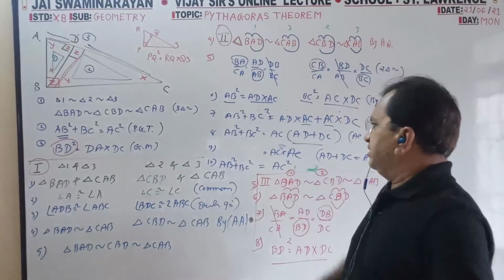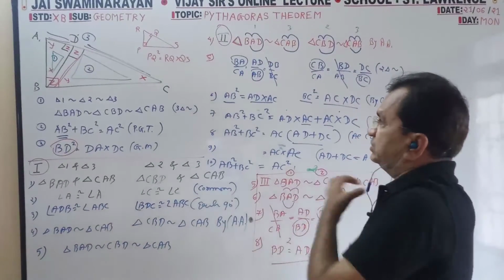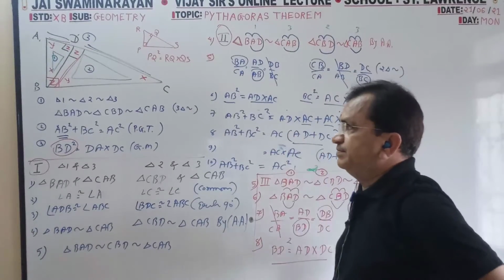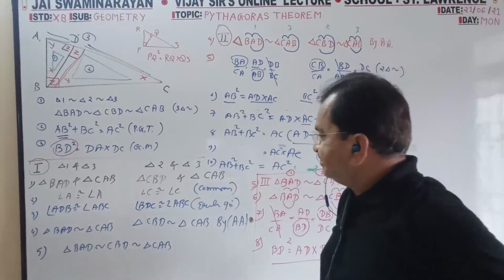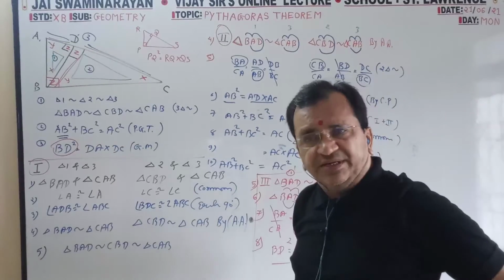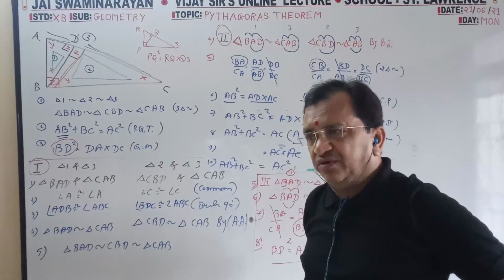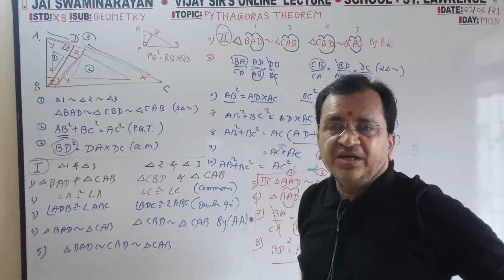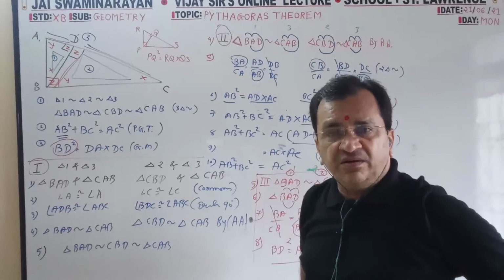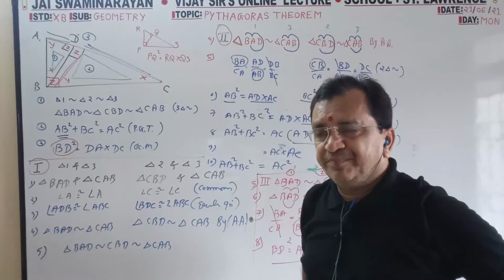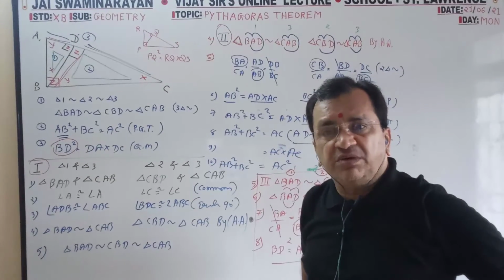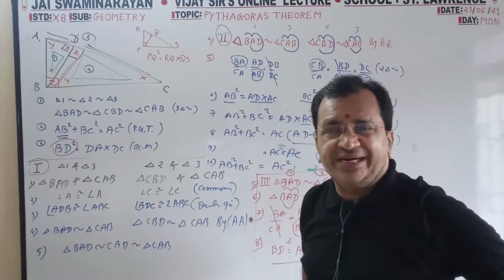Okay, now some theorems on the basis of calculation, especially for square and equilateral triangle, and then we will learn how to get Pythagorean triplets, 3 numbers which suit a right angle triangle.